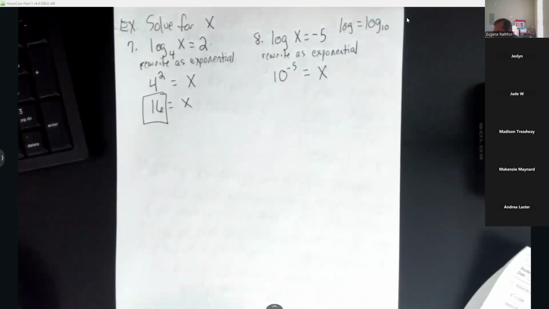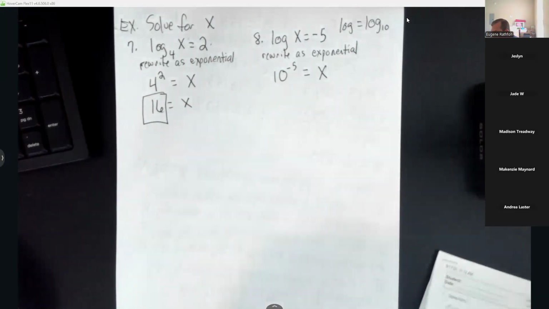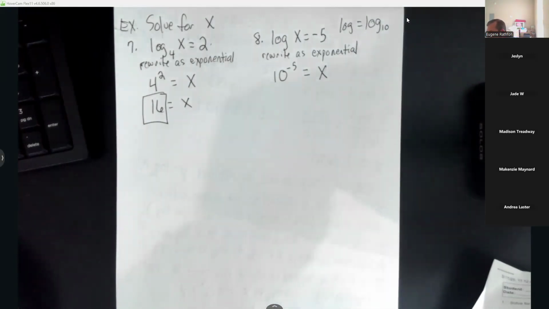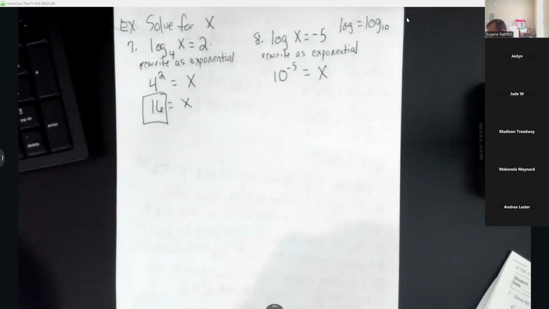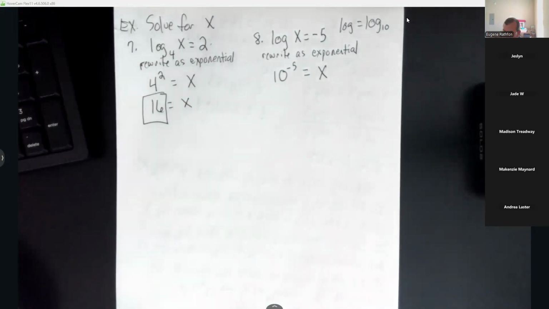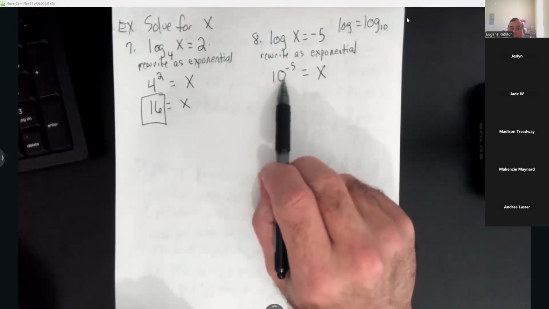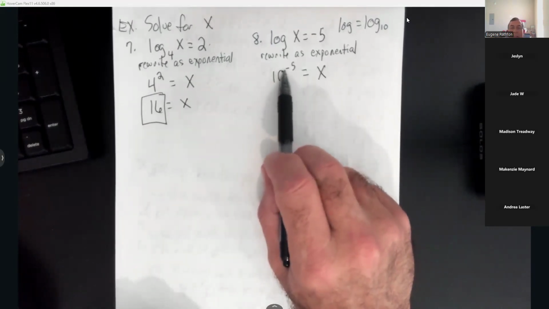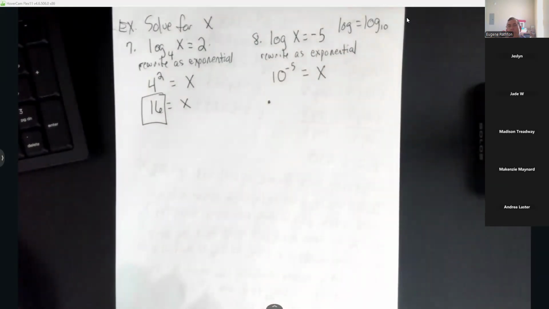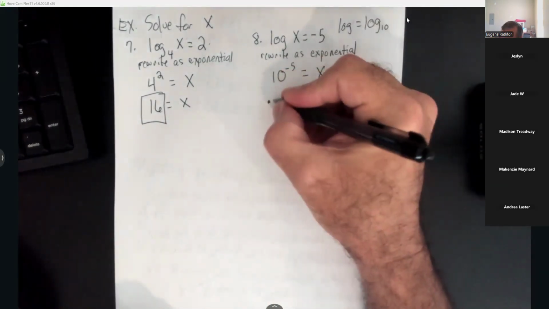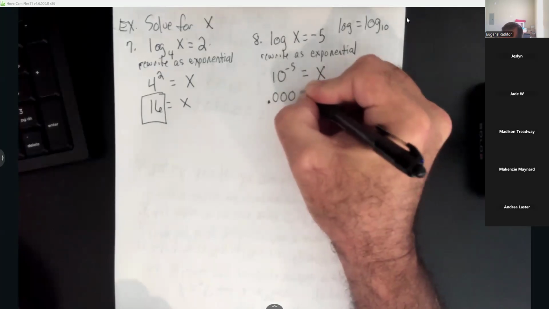And y'all, let me see how they write that answer real quick, because some of these they write as decimals. All right, so let me show you how you would write 10 to the -5th. That's going to be a point, and you would have 1, 2, 3.